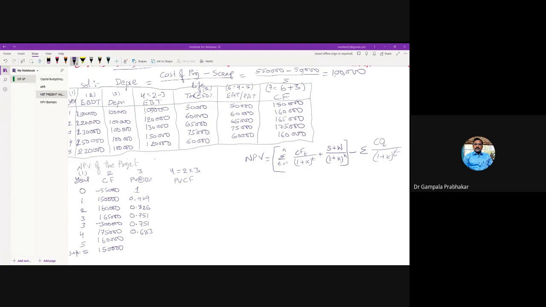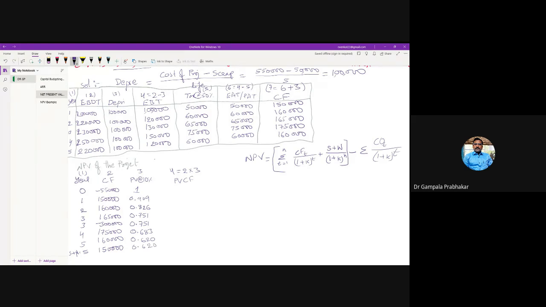And fifth year, where is it? 0.620. Here it is also the fifth year, so that 0.620. Right?